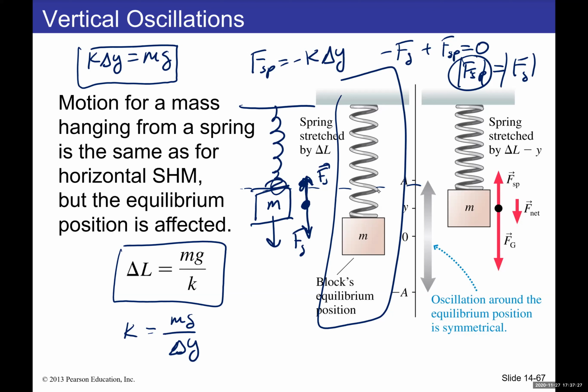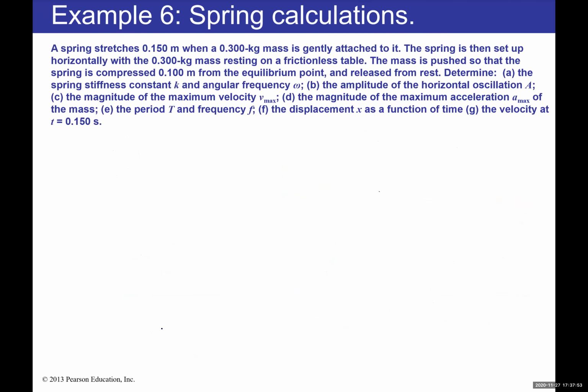This uses delta L because technically you're going down, so delta y itself is negative, because you're going below the 0 line. In that case you have to include the negative, because remember k itself can never be negative. Spring constant is always a positive quantity.